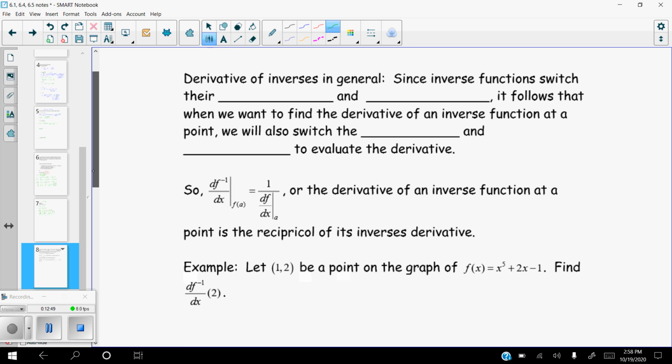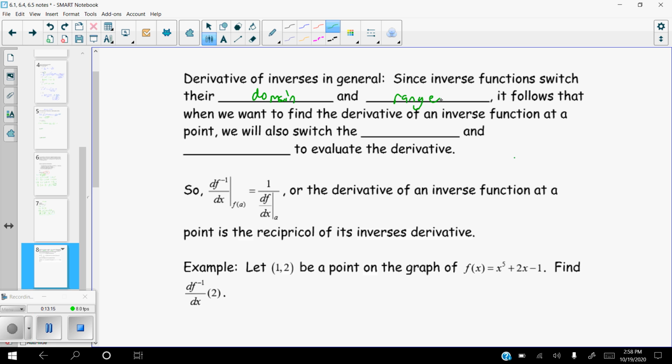All right, now we're going to talk about derivatives of inverses in general. So just inverse functions in general, not necessarily inverse trig or something like that. The idea is, remember this, inverse functions switch their domain and range. It's part of the definition of inverses.